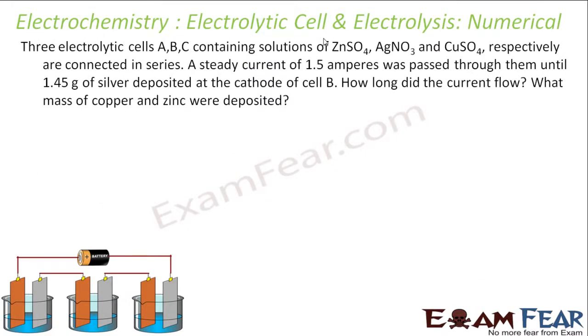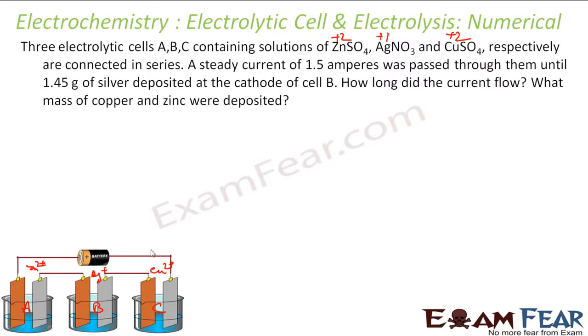Three electrolytic cells A, B, C containing solution of zinc sulfate Zn plus 2, silver nitrate Ag plus 1, copper sulfate Cu plus 2 respectively are connected in series. For example, we have 3 things. So let's suppose this is A, this is B, and this is C. They are connected in series, and this is zinc sulfate, this is silver nitrate, and this is copper 2 plus.